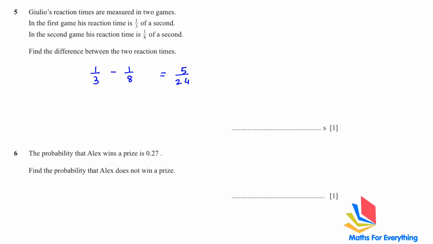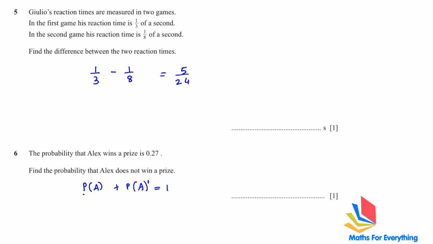Next, the probability that Alex wins a prize is 0.27. Find the probability that Alex does not win a prize. The total probability is always equal to 1. So the probability of something happening plus the probability of something not happening. This complement or dash we say as not A. So probability of A plus probability of not A is equal to 1.